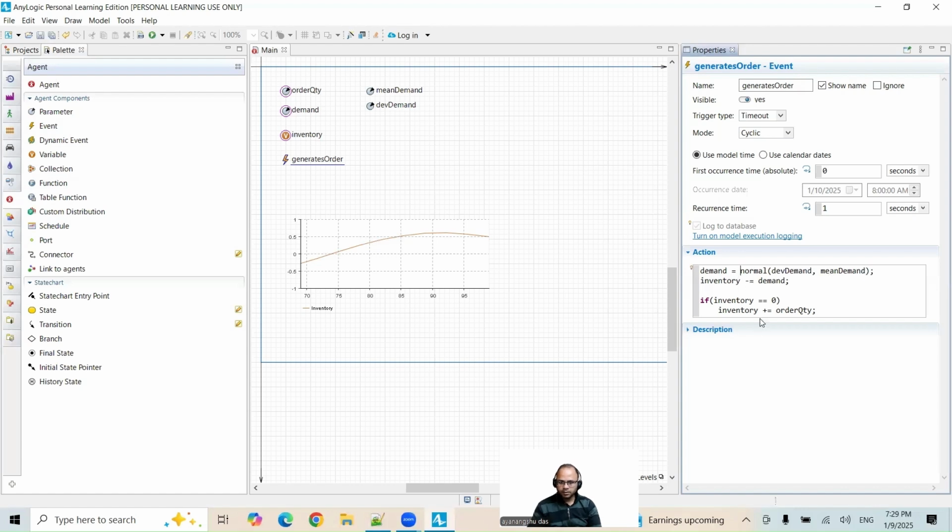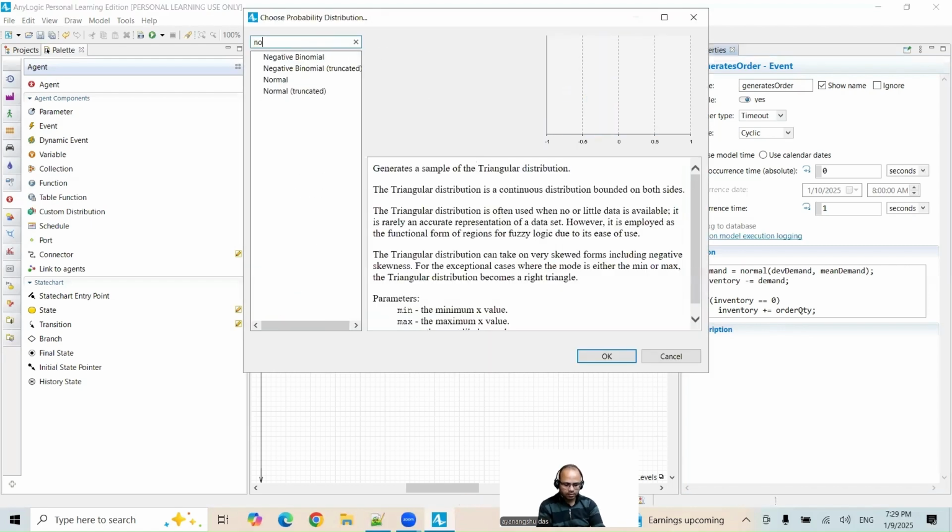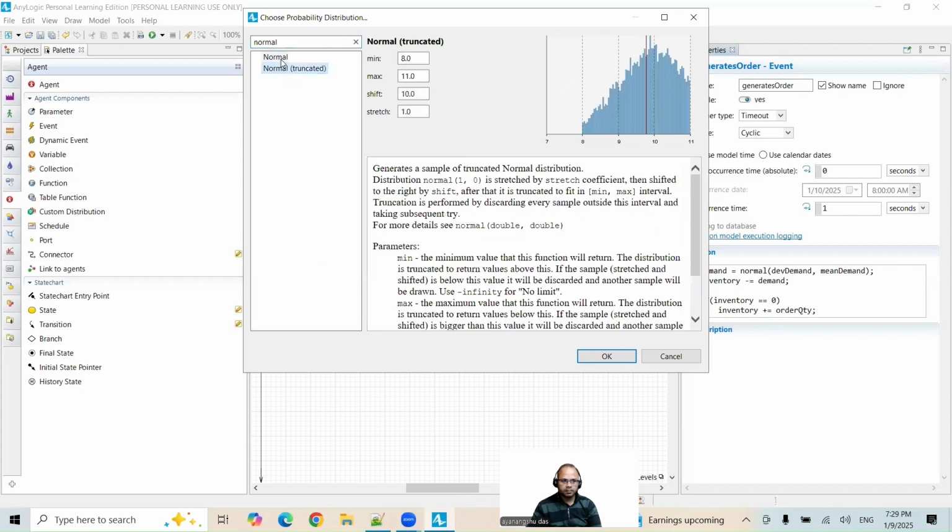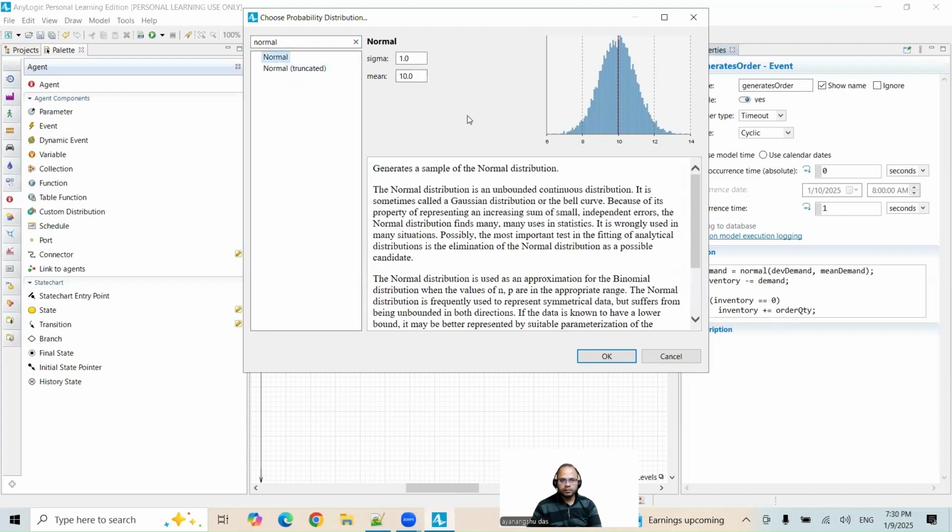We would take the demand as any value which is greater than 0, because the normal distribution may provide us data that is sometimes negative, below 0, if the deviation is huge.